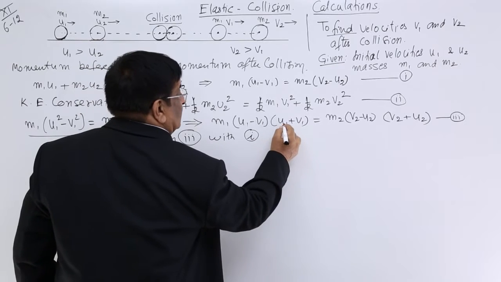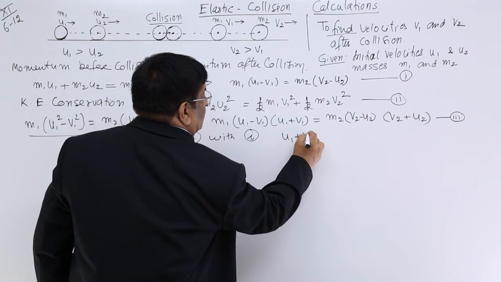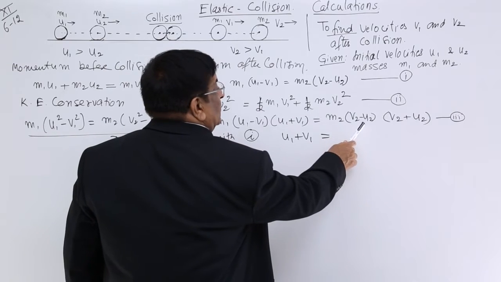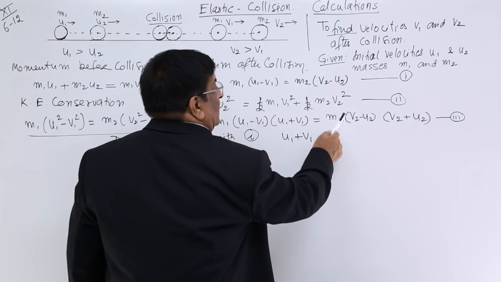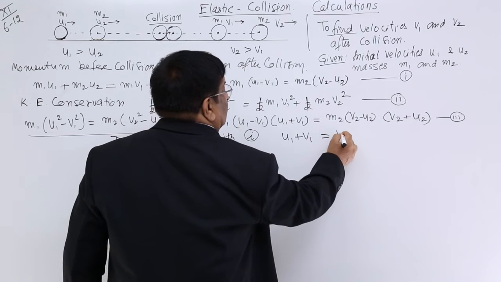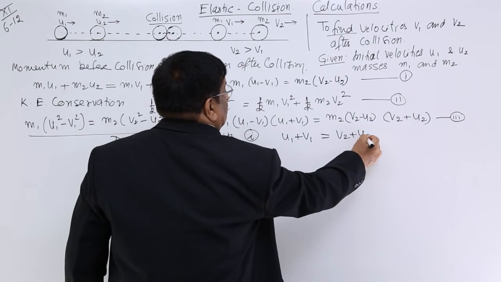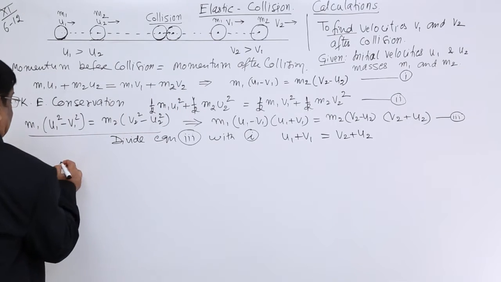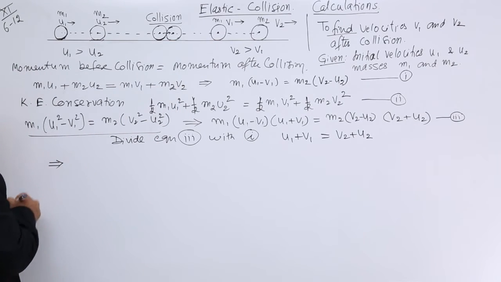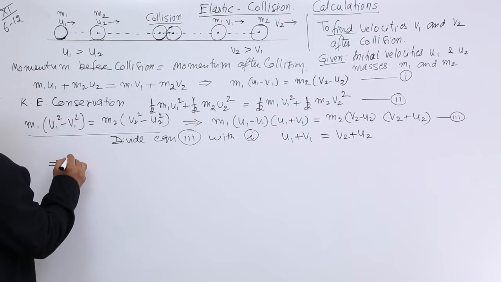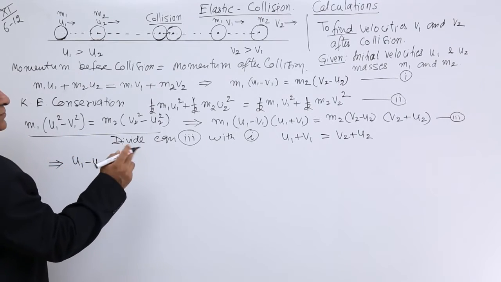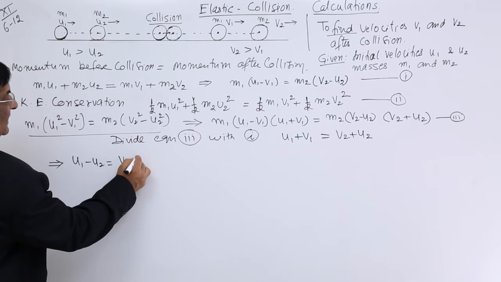What we get here is u1 plus v1 is equal to, on the right side, m2 and v2 minus u2 are cancelled out, and what we get is v2 plus u2. And this gives us a very famous relation, that is, it leads to u1 minus u2 is equal to v2 minus v1.